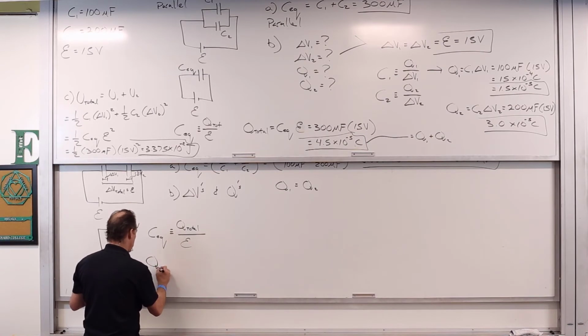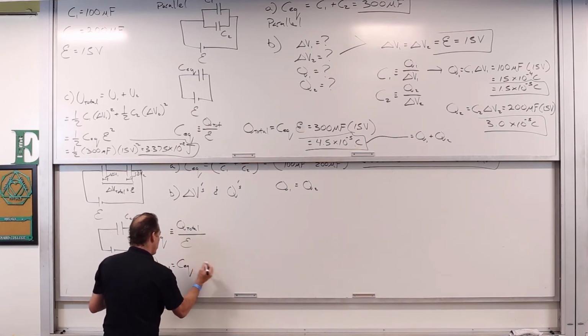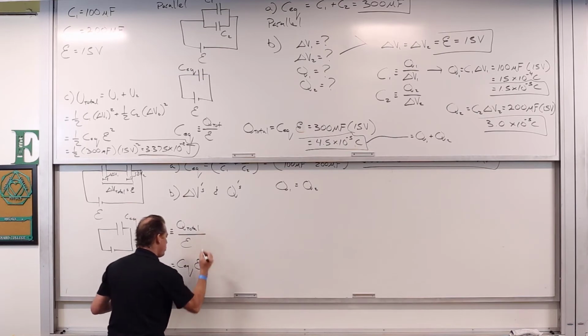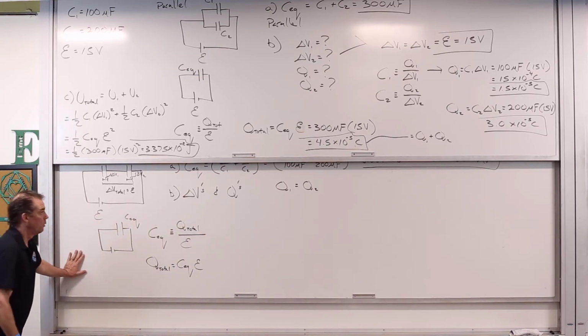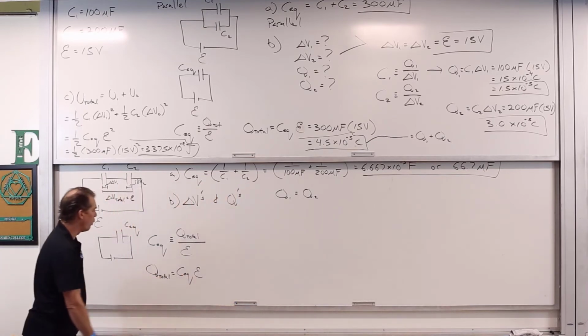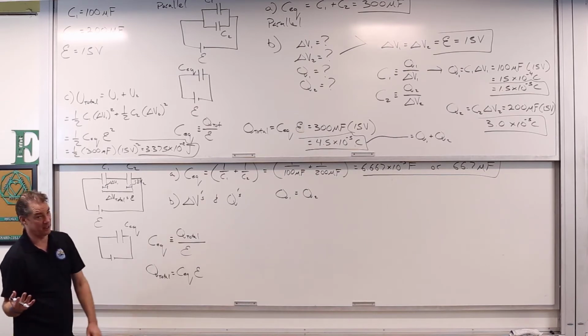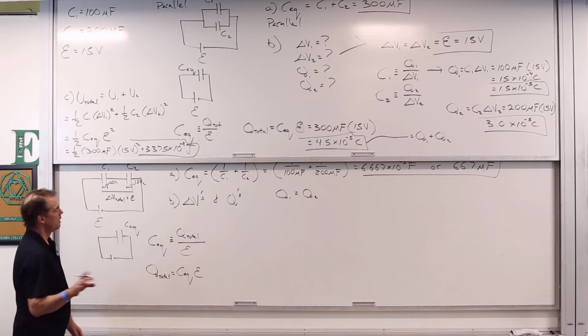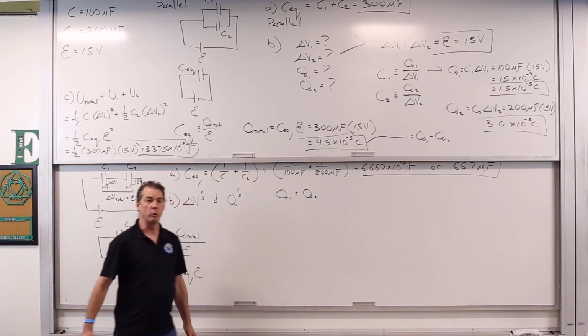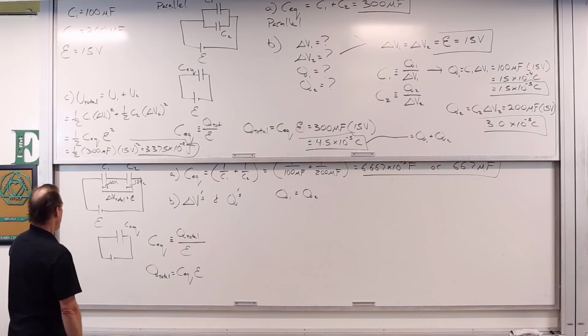We've got ourselves that Q total would be equal to CEQ multiplied by the source potential, which would then be 66.7 microfarads times 15 volts, which would give us Q total. The question becomes, well, is that related to Q1 and Q2 in any way, shape, or form that we can utilize? And the answer is, yeah.